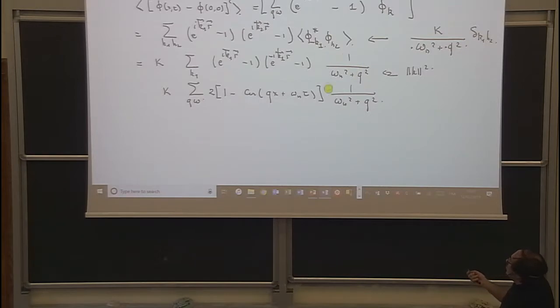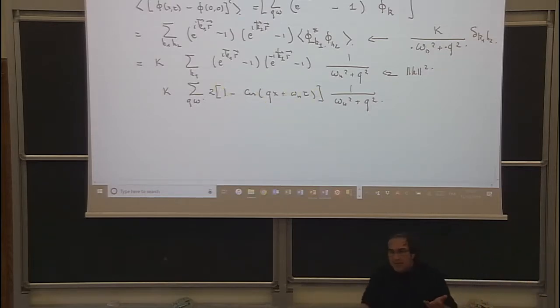This is behaving as 1 over q squared, so the integral is logarithmically divergent at small q and omega, but it's regularized here because at small q and omega, the cosine will be 1, so this prevents the divergence. So essentially, there is a logarithmic divergence, which will be controlled by the fact that x and tau are finite.